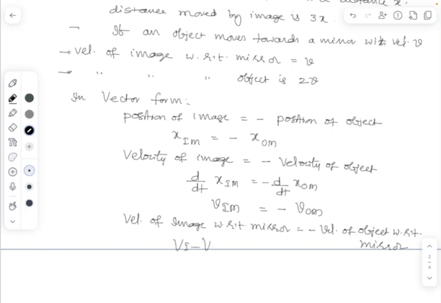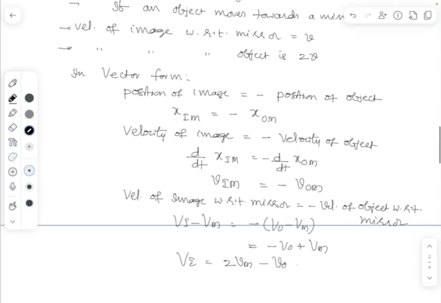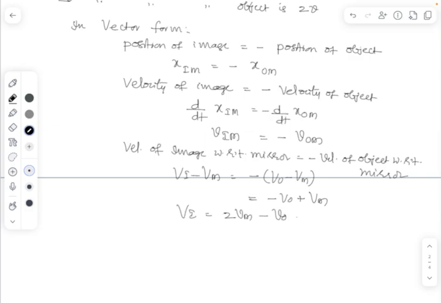Velocity of image minus velocity of mirror equal to minus velocity of object minus velocity of mirror. Therefore, velocity of image equal to 2 velocity of mirror minus velocity of object.